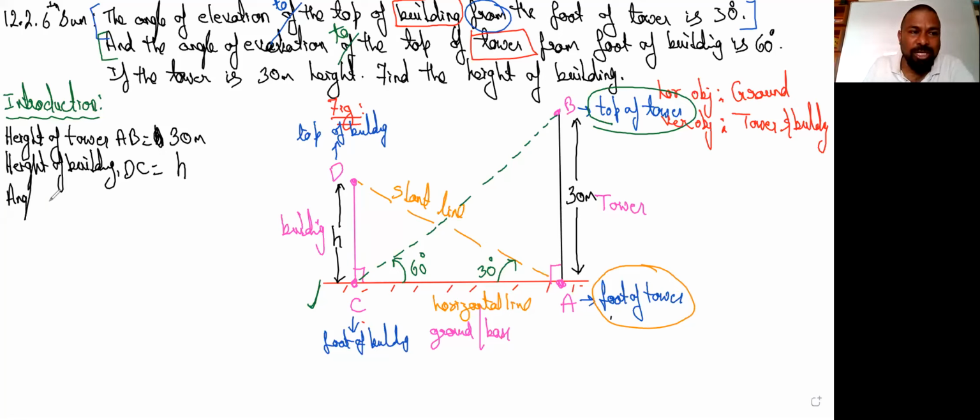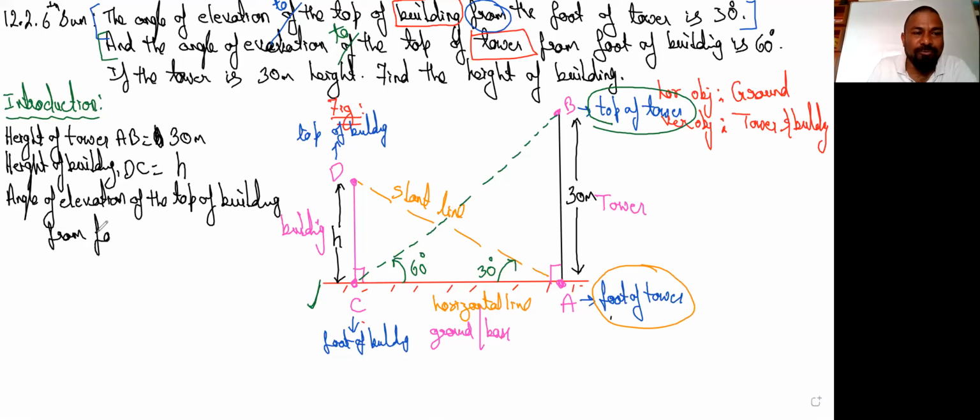Angle of elevation of the top of the building from the foot of the tower. Angle means we have to take 3 letters.